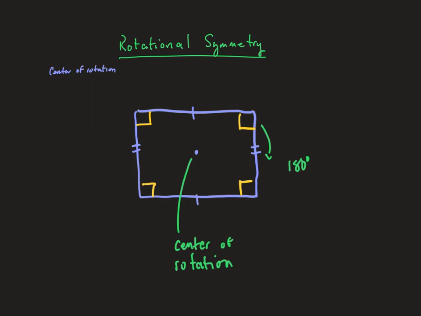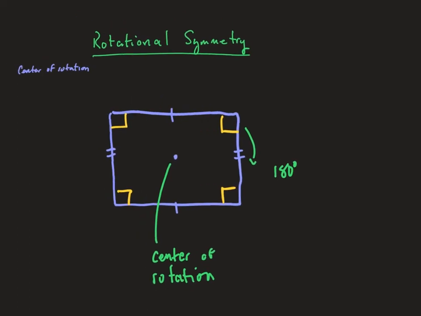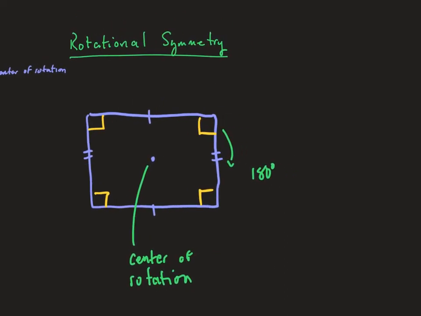We could also look at the rotational symmetry of a polygon. A regular polygon with n sides will have order n for rotational symmetry.